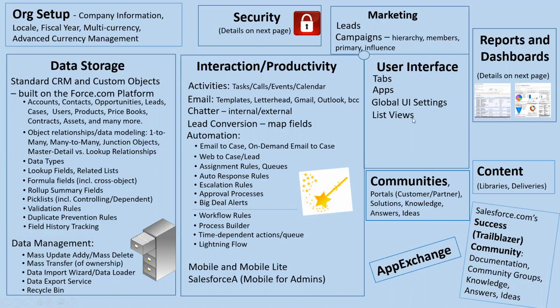So list views. List views are available on tabs per object and are very powerful. You can set them up for your users, or you can give users the ability to create their own list views.